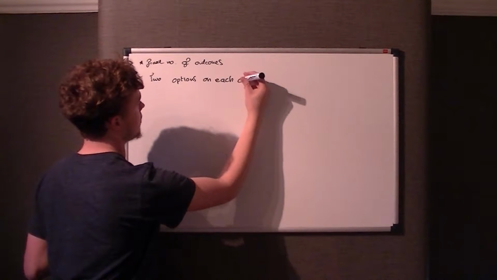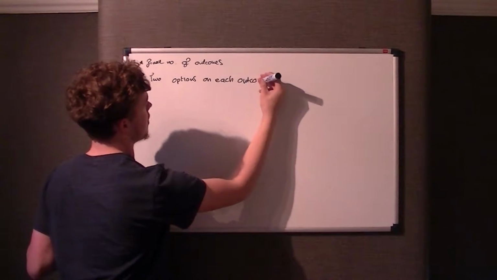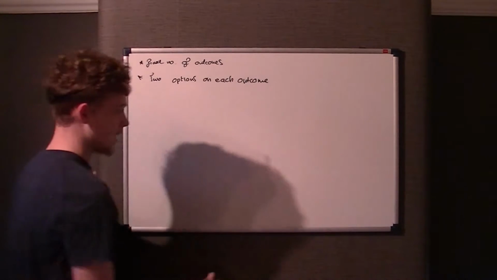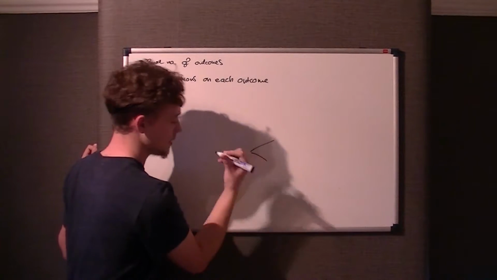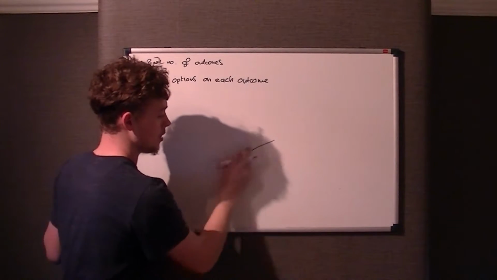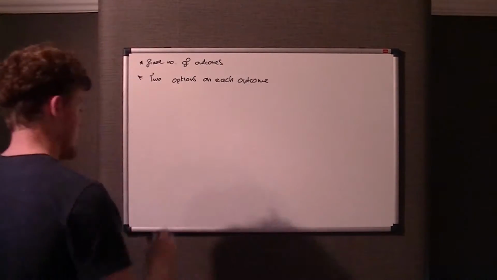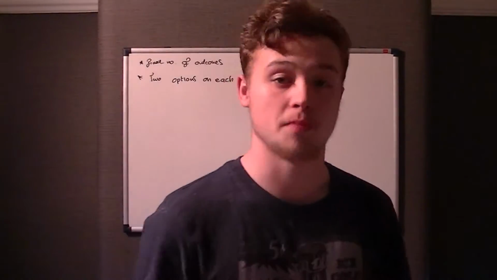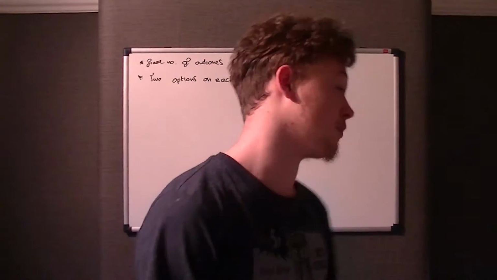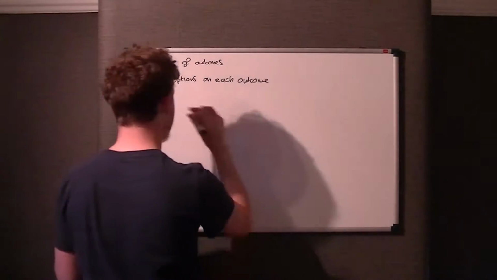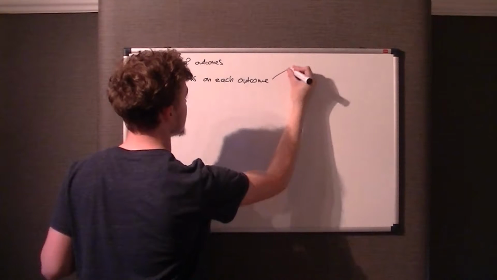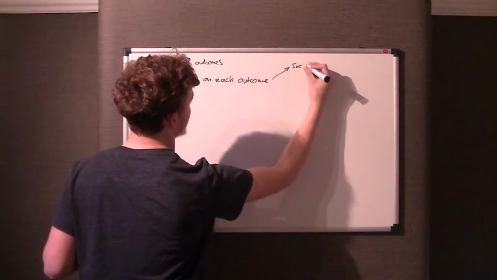That's maybe a better way. We only throw a dice 6 times, for example, but the two options on each outcome must be that you either get a 6 or you don't. So that's what we mean by two options on each outcome, which are always success or failure.